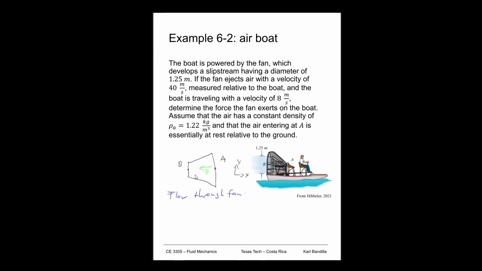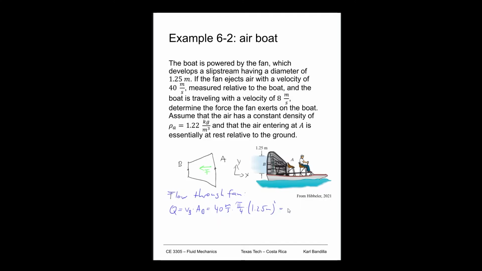Well, we know it's coming out at 40 meters per second, and we know the diameter, so we can just say Q is equal to VB times AB, which is equal to 40 meters per second times pi over 4 times the diameter of 1.25 meters, squared.